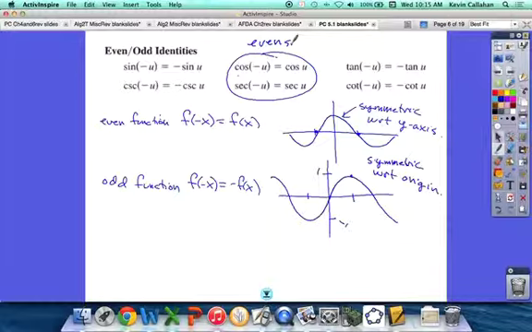And that's the way I remember it. Cosine, I know is symmetric with respect to the y-axis, therefore secant is, okay, and then all the rest are the other. And we don't have a lot of times that we make this substitution, but we do a few times.